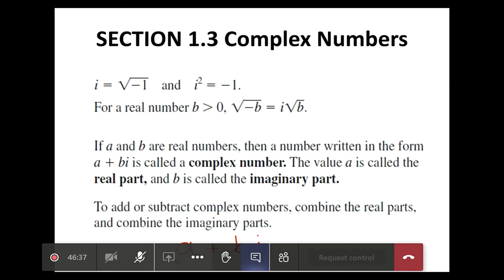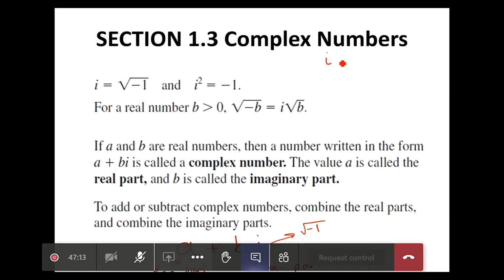A is the real part and B is the imaginary part. Okay. Now, what's the meaning of i? i means radical -1. In the real numbers, this is undefined. The radical -1 is not a real number. So this is equal to i.